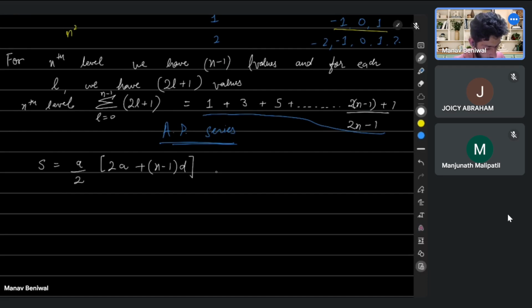So this will become n over 2 times 2 plus, and n is the number of terms. We have n terms here, and d is 2, which is the difference. So this will be (n minus 1) times 2.